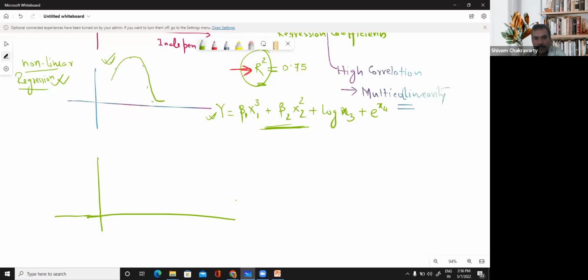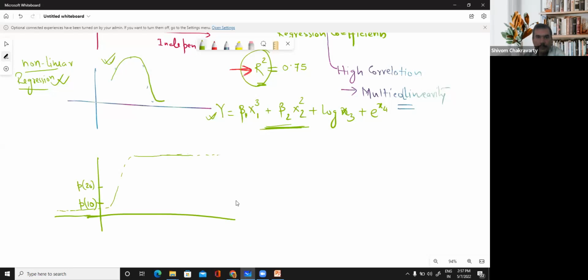So for example, rather than plotting 10 here, we will plot what is the probability of getting a 10, what is the probability of getting a 20, like that. In that case, the sort of graph we get is called a sigmoid curve, or an S-shaped curve sometimes. So it is like this.